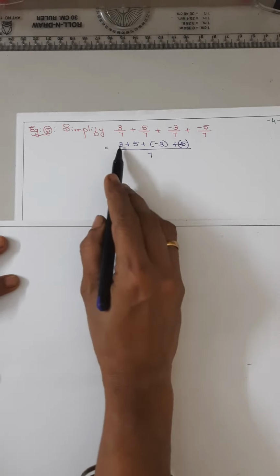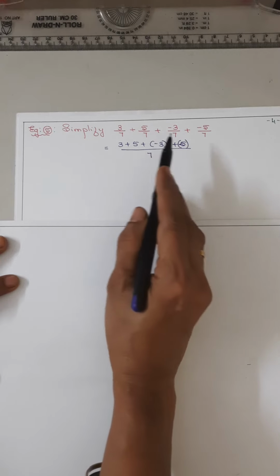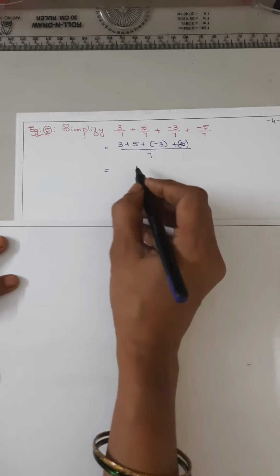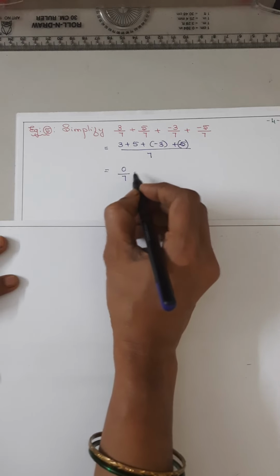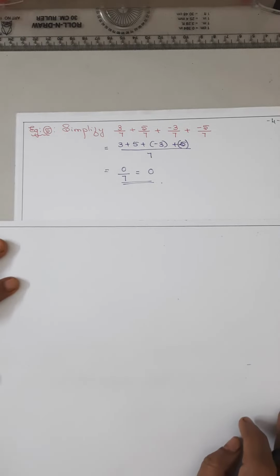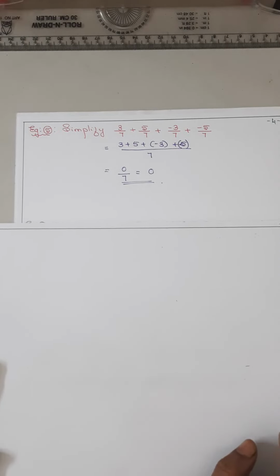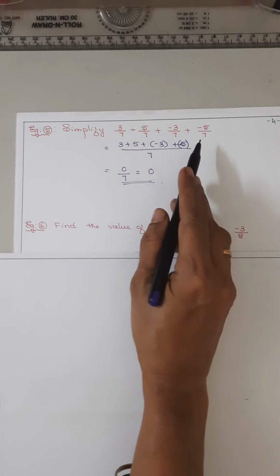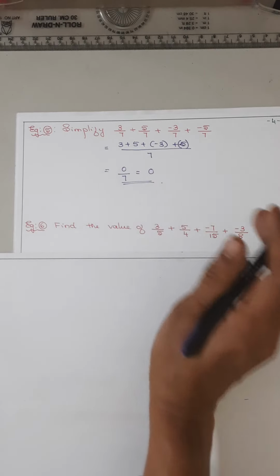See the numbers 3 and minus 3, 5 and minus 5. That means 0 plus 0, isn't it? 0 by 7, answer is 0. Okay? 3 minus 3 is 0. 5 minus 5 is 0. 0 by 7 is 0.